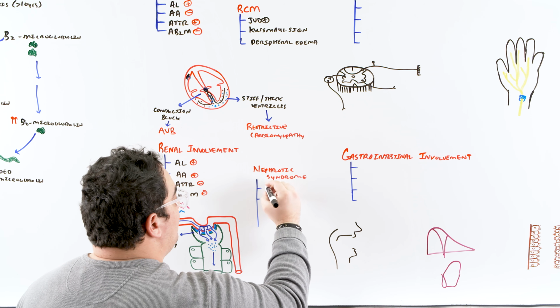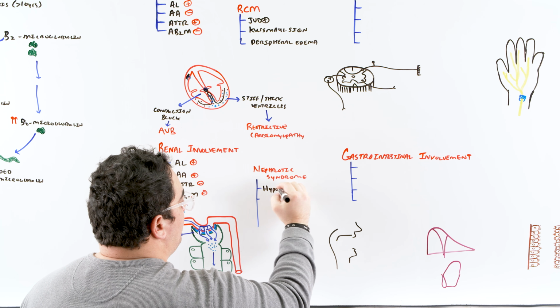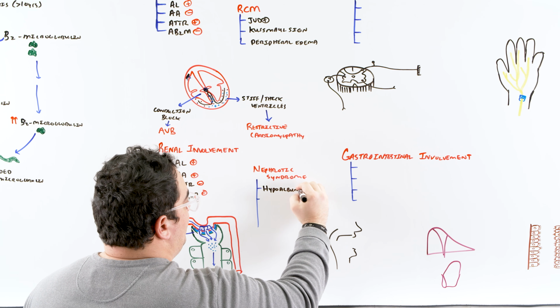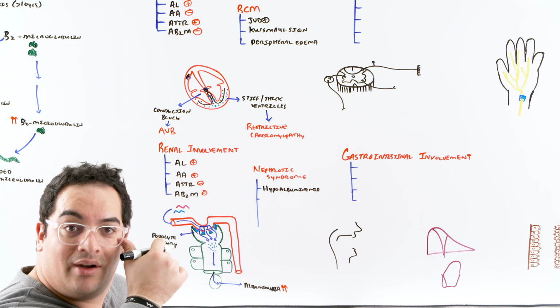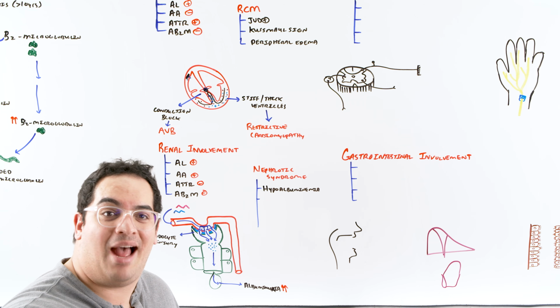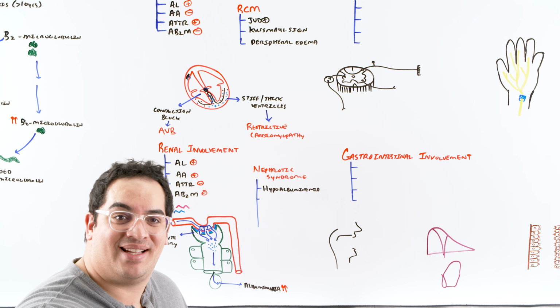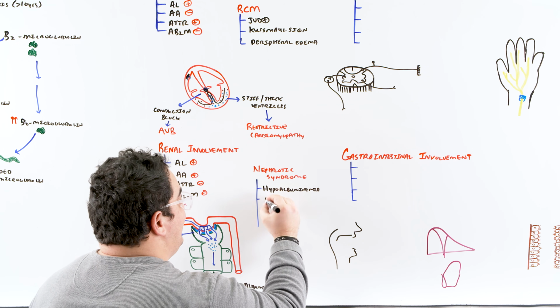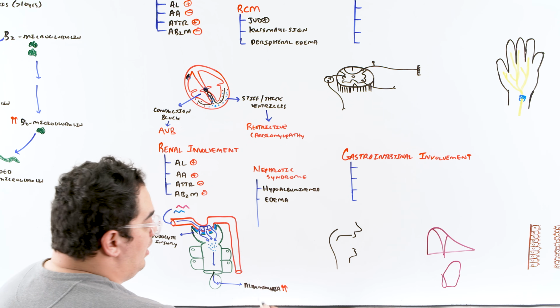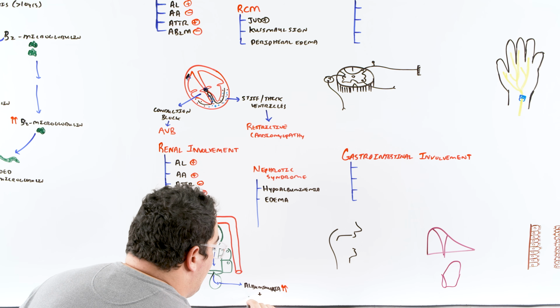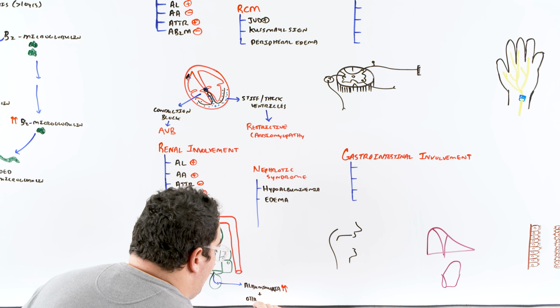So you have what's called hypoalbuminemia. Do you guys remember what albumin does in the blood? It keeps water and things like that in the bloodstream. So if you don't have it, what happens? The water leaks out. What does that do if it gets into the tissue spaces? Causes edema.